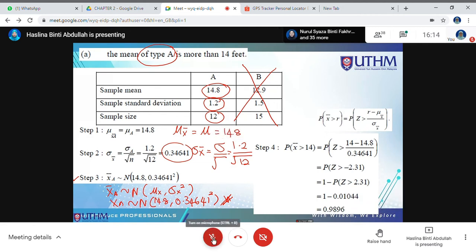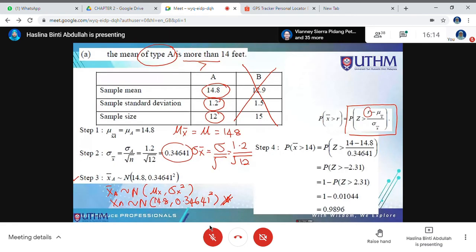Step 4, we need to find the probability of the sample mean for type A. So, we use this formula: R minus mu x bar divided by sigma x bar. R is more than, the symbol is this one.